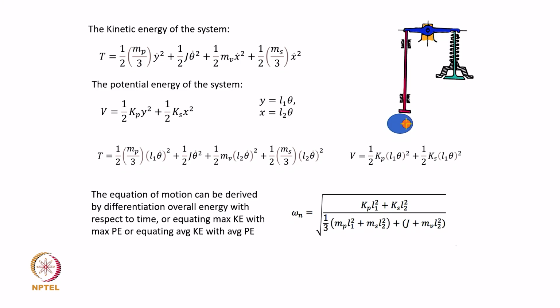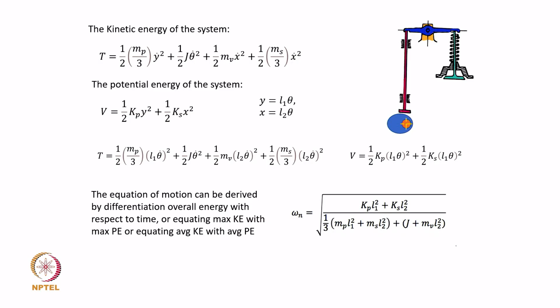So, if you really look at the overall vibration analysis process, we first looked at this physical system, considered all the possible motion, and we figured out that the only degree of freedom here is theta, and then accordingly we got the simplified vibratory model.